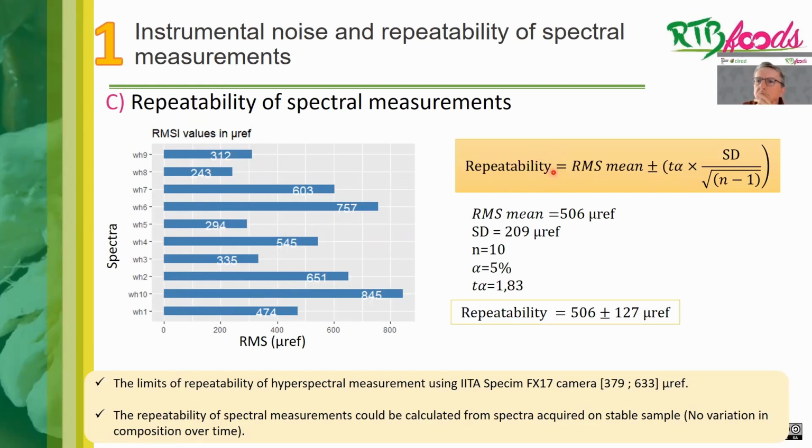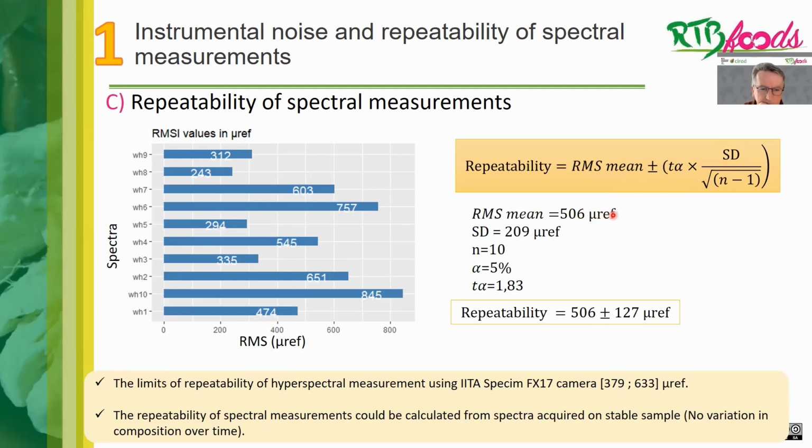The repeatability of our spectral measurement using this instrument is equal to the RMS mean, 506 microreflectance, plus or minus t alpha times the standard deviation divided by the root of the degrees of freedom.